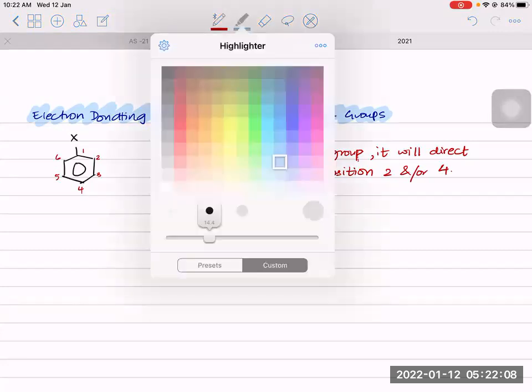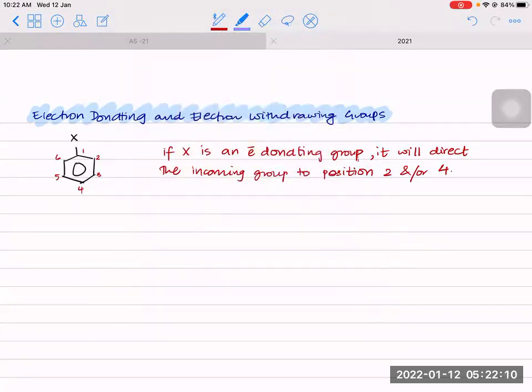Now, how will you know whether something is electron donating in nature or not? So if this X is electron donating, and you are trying to add something, obviously that will undergo electrophilic substitution. Then whatever you're trying to add or substitute for hydrogen, that will go on position 2 and or 4. Now, how do you know if this X is electron donating in nature or not?